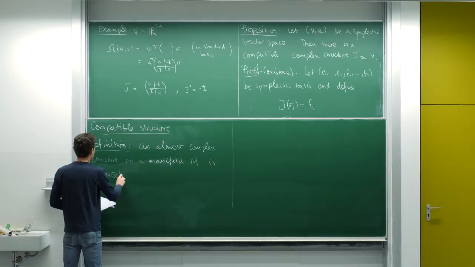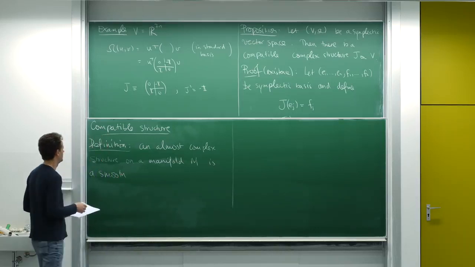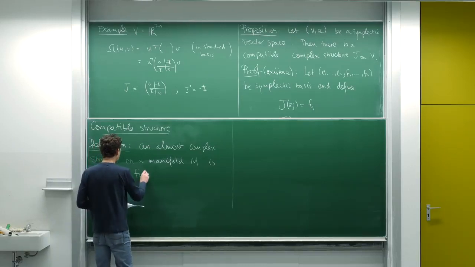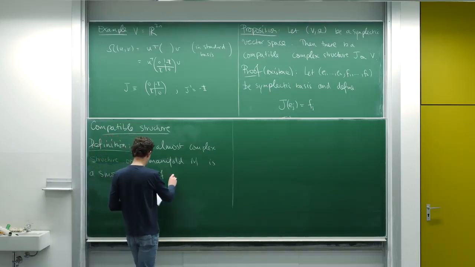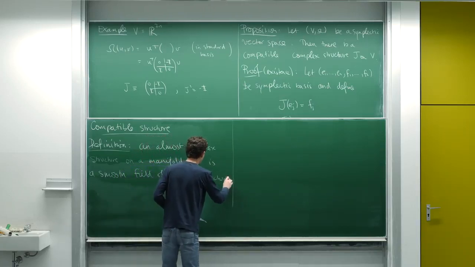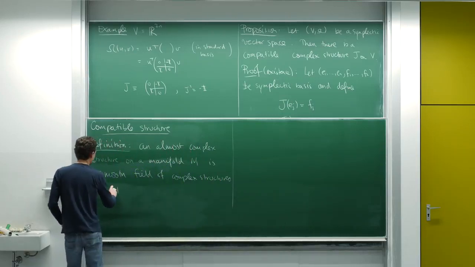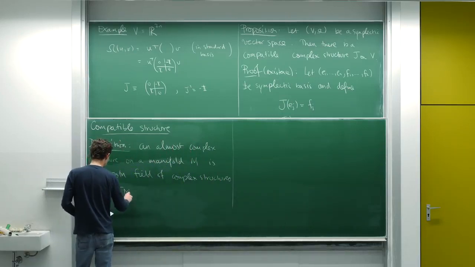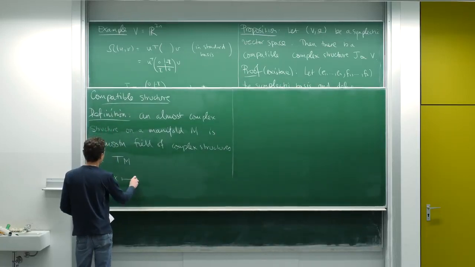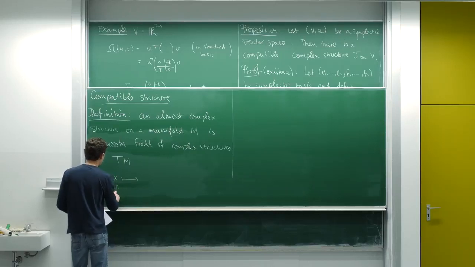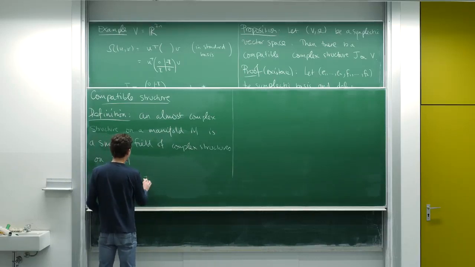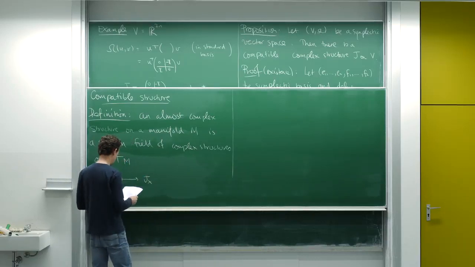So what do we need to make a complex structure, or an almost complex structure on a manifold? Well, we need a smooth field of complex structures on tangent spaces. And what that means is it's an assignment: for every point in this manifold, there is a complex structure on tangent space Jx.